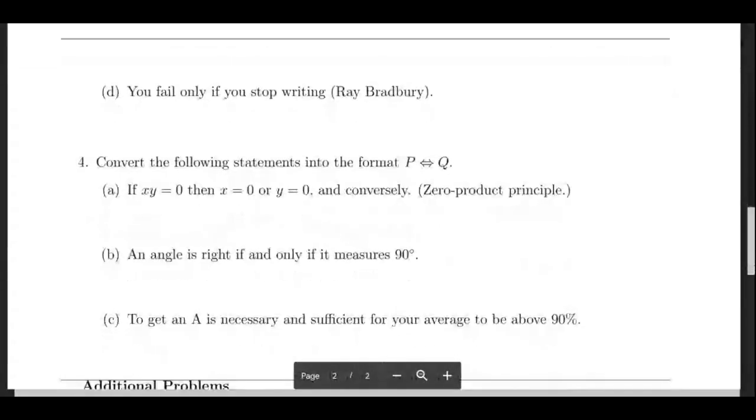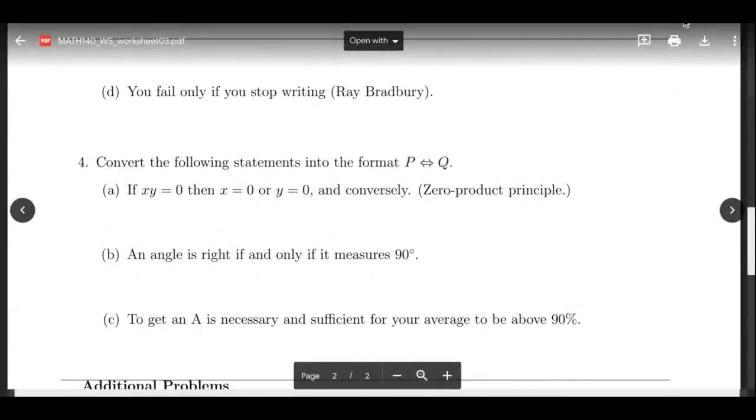Okay, D. Let's see, Michael, you want to try D? Okay, D. You fail only if you stop writing. Right. So which part is P? Which part is Q?